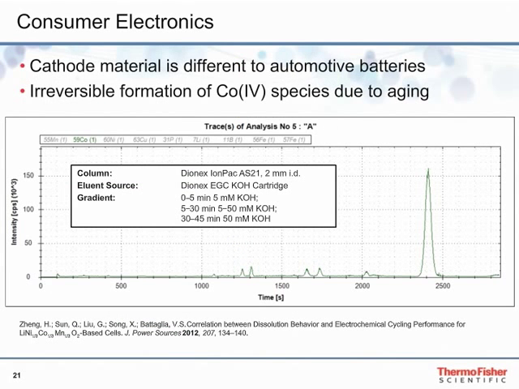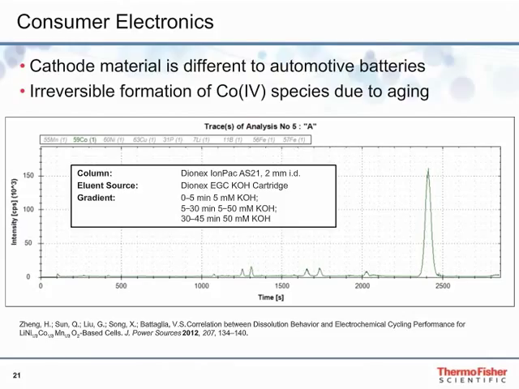Results for the anodes from consumer electronics products were slightly different from those from the automotive sector. Unlike the previous anode samples, which contained predominantly manganese, anodes from consumer electronics produced degradation products which contain mostly cobalt. This is expected as each industry demands different performance characteristics from a lithium-ion battery, which means that each cathode material is different.